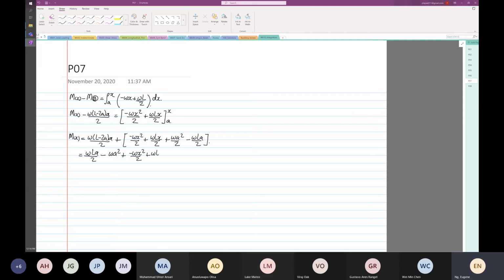It's all just math now. Plus omega a squared over 2, and then minus omega La over 2. So we can get rid of these two, and I think that's the only two that we can get rid of.